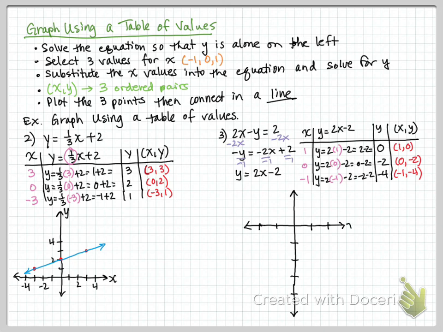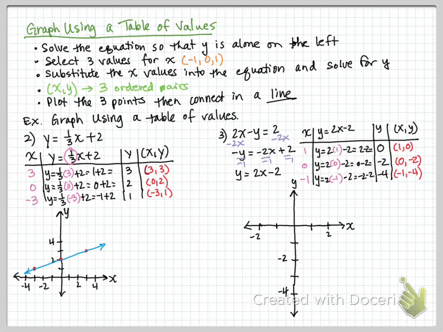Notice I have arrow caps on all my axes. Label X and Y. Tick marks are on the lines of the graph paper. I have 2, negative 2, negative 2, negative 4. Okay. So let's start graphing.